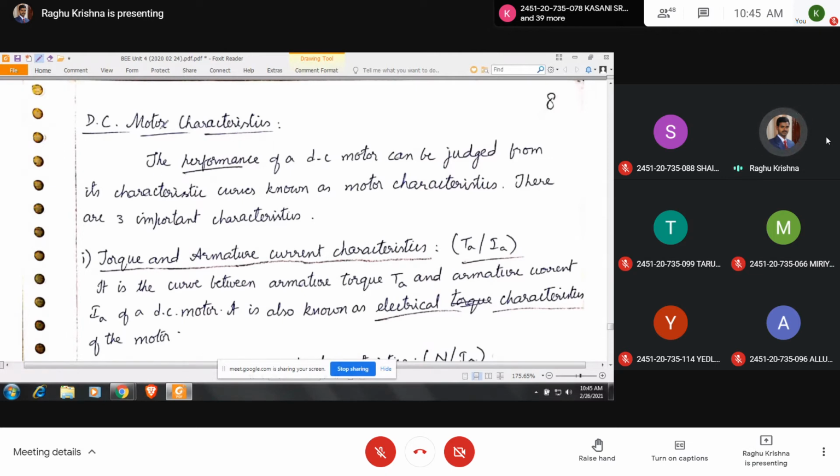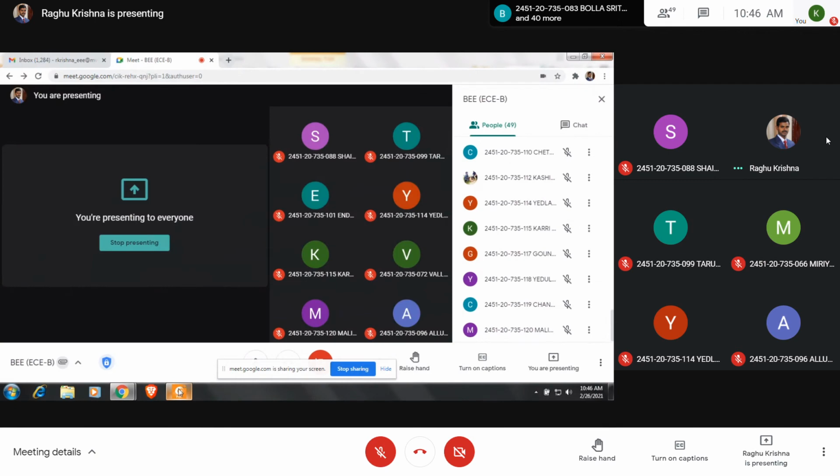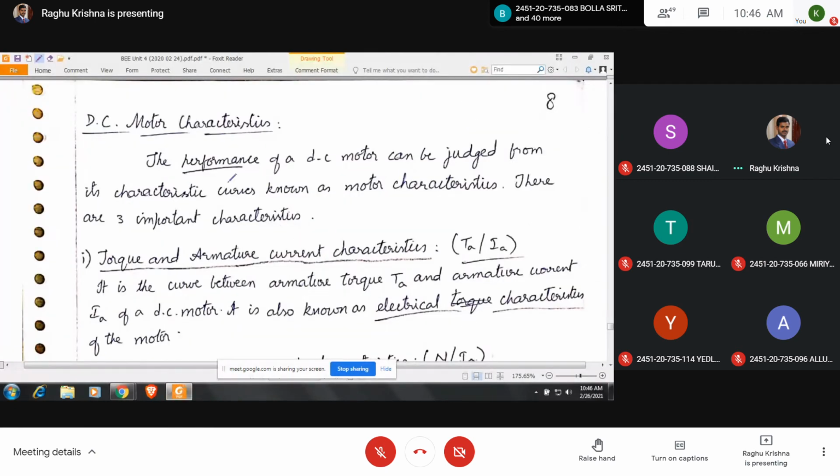You can select a motor for a particular application if you know its characteristics. The characteristics are also called performance characteristics. The performance of a DC motor can be judged from its characteristics curve. These curves are known as motor characteristics.